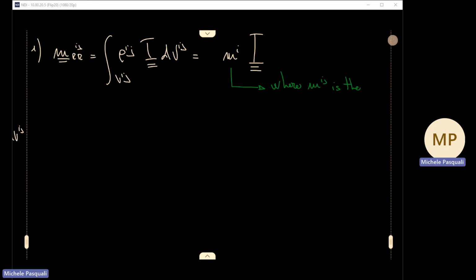Of course, sorry, we miss a J as well. So the total mass of the element j.